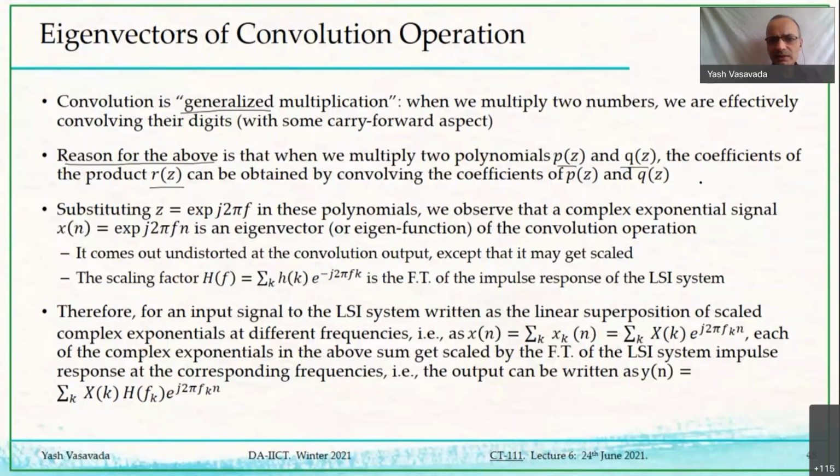One example is when these are given as AZ plus B. When I do P of Z times Q of Z, I am doing (AZ plus B) squared, and I get A squared Z squared plus 2ABZ plus B squared. These coefficients A squared, 2AB, and B squared are what we get if we convolve the sequence AB with itself.